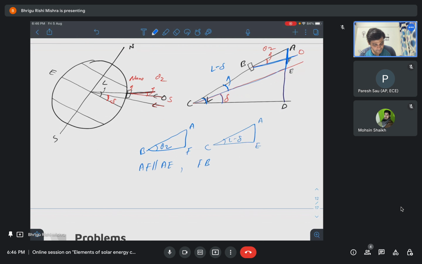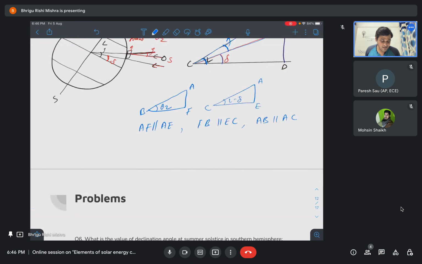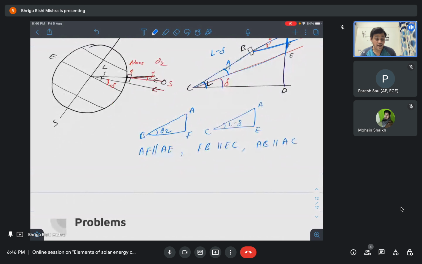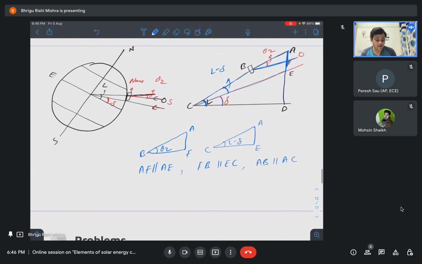FB is parallel to EC. And similarly, AC is the extended line of AB, so AB is parallel to AC. All three lines of the triangles are parallel, so the two triangles are similar, and thus their angles are equal.